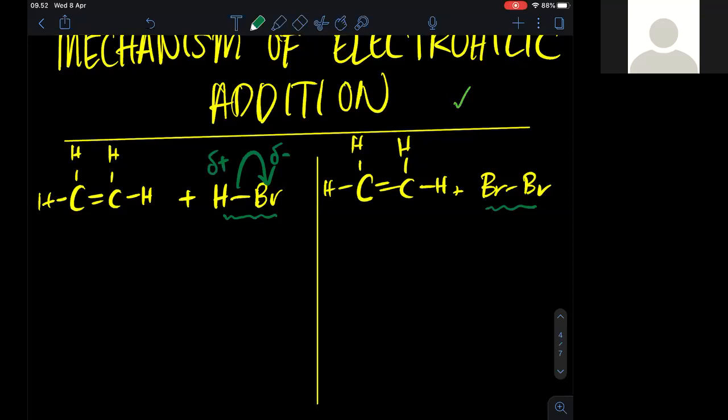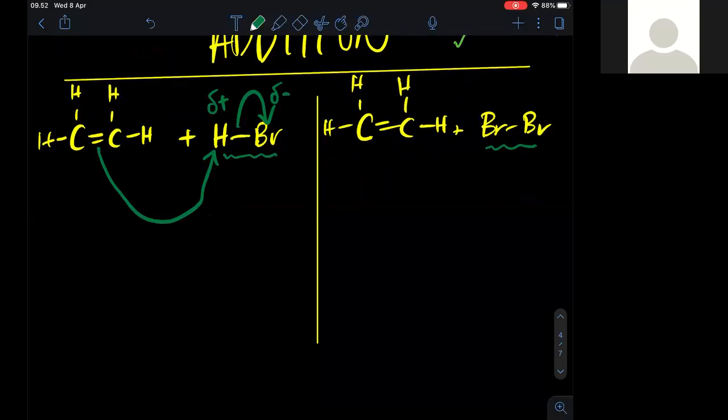Second thing is, this is rich in electrons, so they will go over here. You still follow the Markovnikov rule; in this case, no difference. So I'll just put C, C, H, and let's say the H came over here, and you are going to get a carbocation, plus Br minus, because the electron went to Br, something like a Br with lone pairs of electrons.